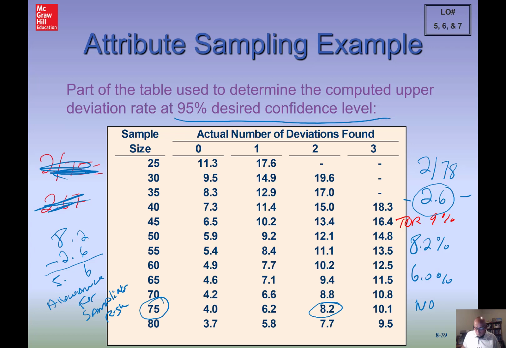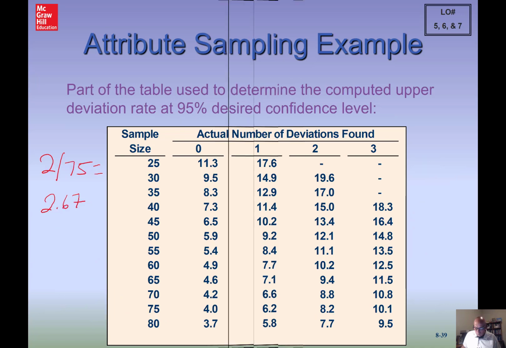Then would we rely on the control? Yes, because this table is telling us that at the outer ends of what could be going on, you would be as high as 8.2, and you're willing to accept 9%. So now the auditor would rely on that control.